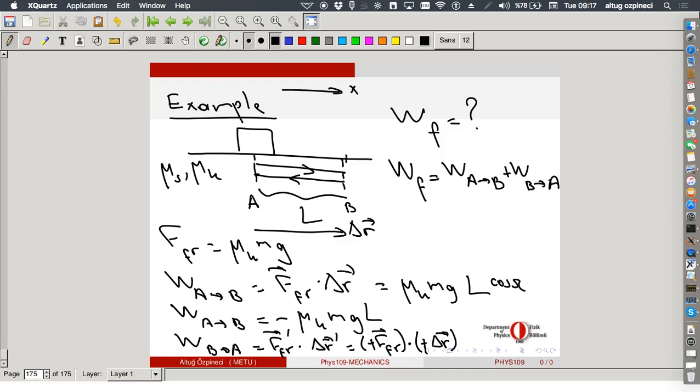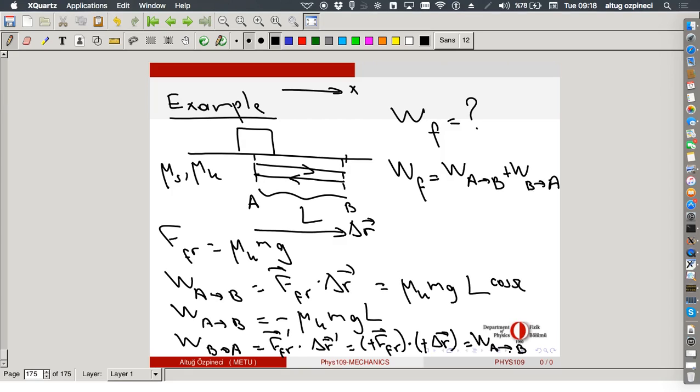It is the same as the work that the friction force does as we go from A to B. So although the displacements are in opposite directions, the force is also in opposite direction as we go from B to A. So the work done is the same. As we go from B to A, this is our displacement, this is our force. They have the same magnitudes. The angle is still 180 degrees.